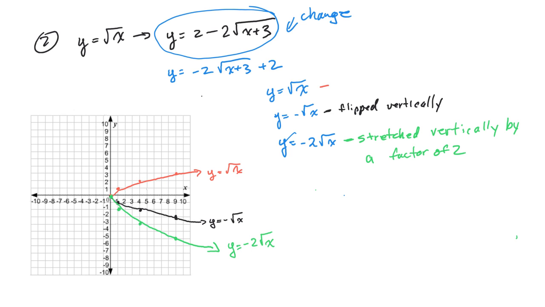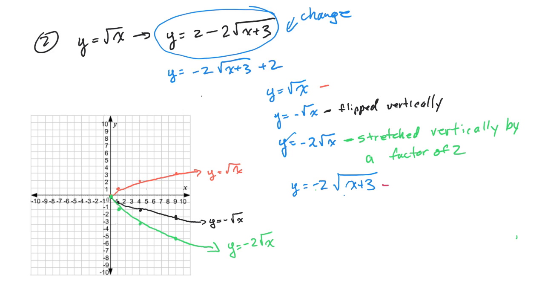Now, the next transformation that we're going to identify is what's happening under the root sign. So we're going to rewrite the equation as y is equal to negative 2 root of x plus 3. Now that I've got that, I'm going to change to a purple color.